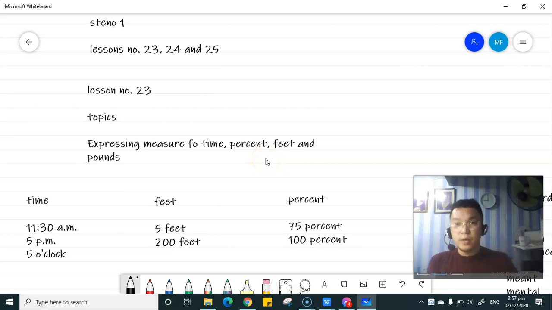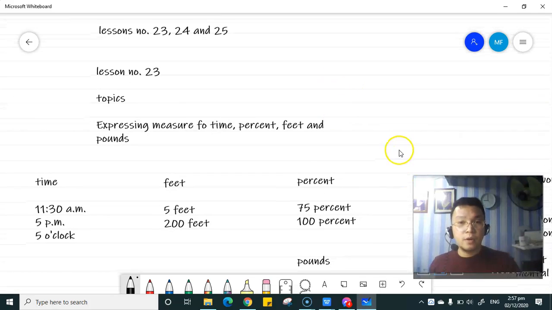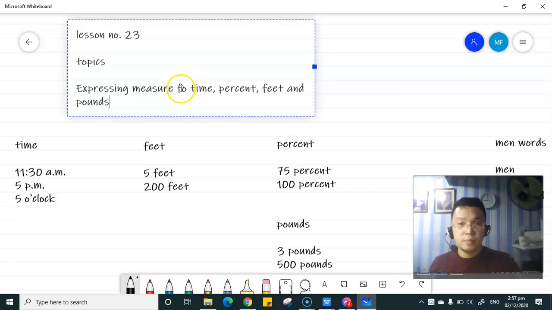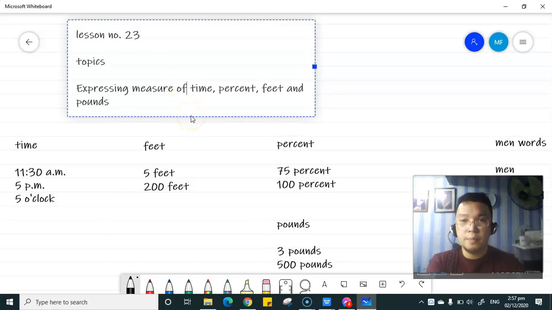Okay, let's start with lesson number 23. In lesson number 23, we are going to talk about the expressing of measure of time, percent, feet, and pounds. Okay, time.